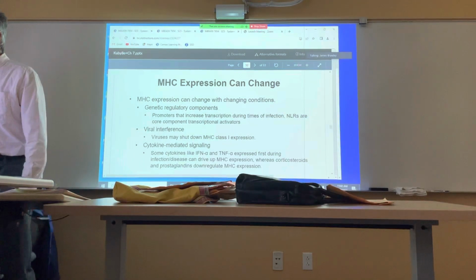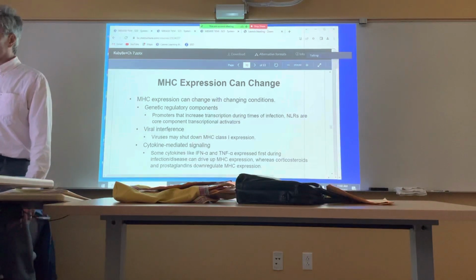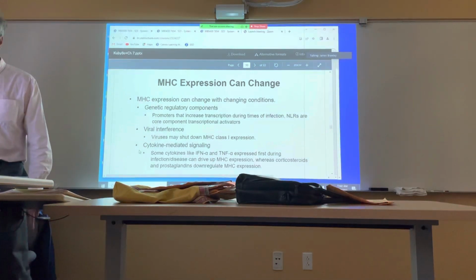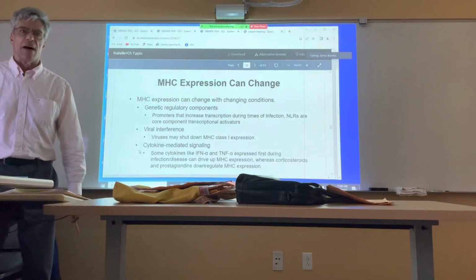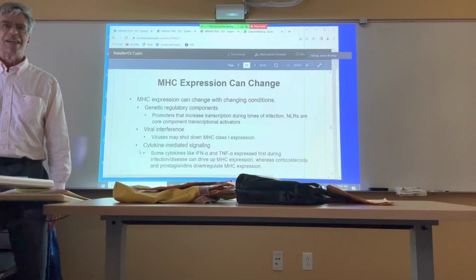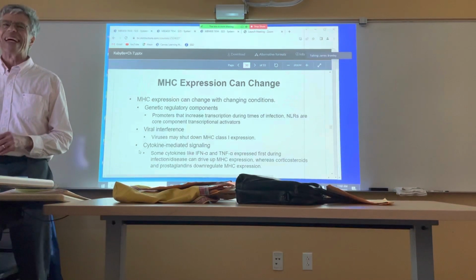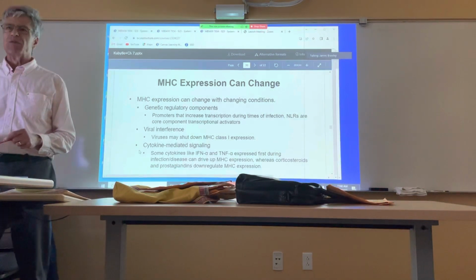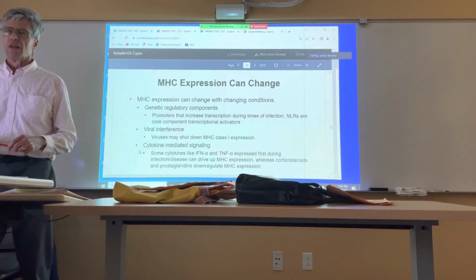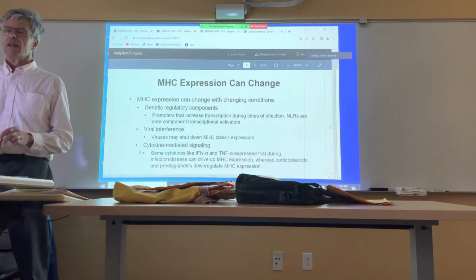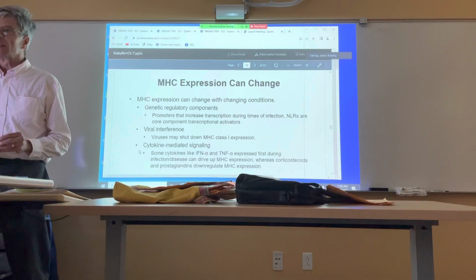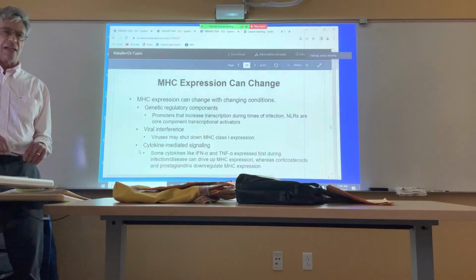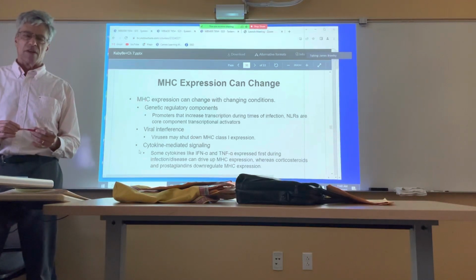MHC expression can be upregulated for certain conditions. Viruses, it makes sense that viruses will not try in a conscious sense, of course, but evolution has led to the viruses having a good adaptation to try to stop class 1 expression. A number of viruses make a protein that'll bind class 1 and prevent it from going to the cell surface.